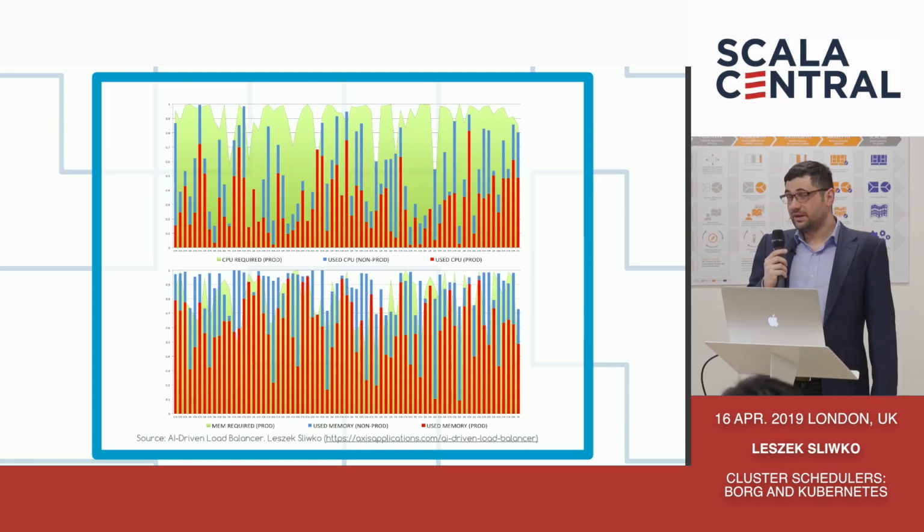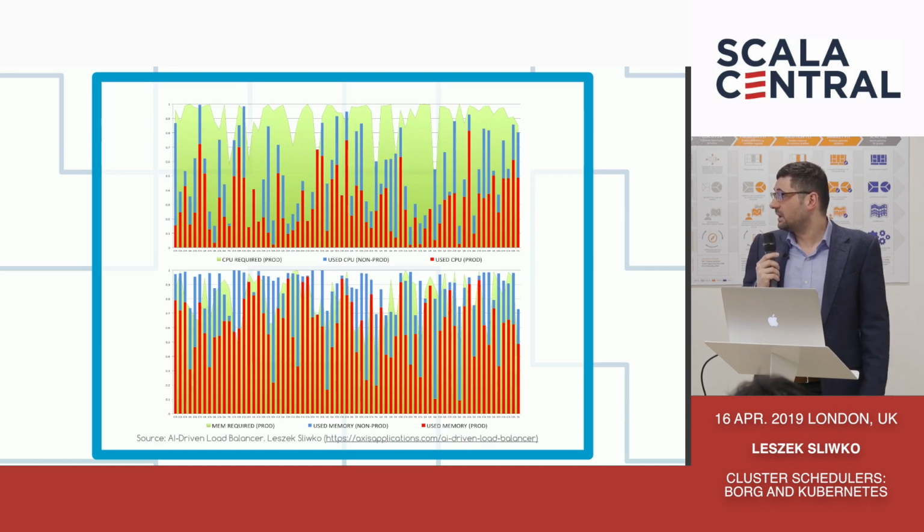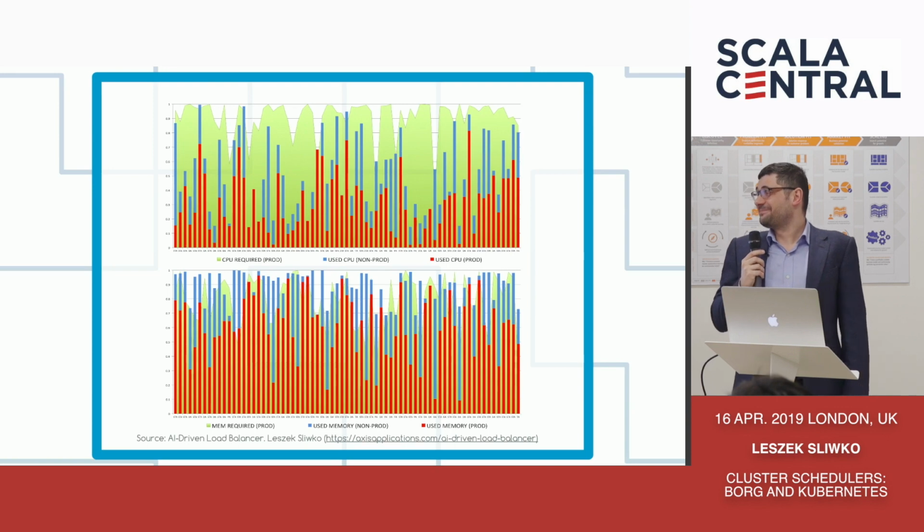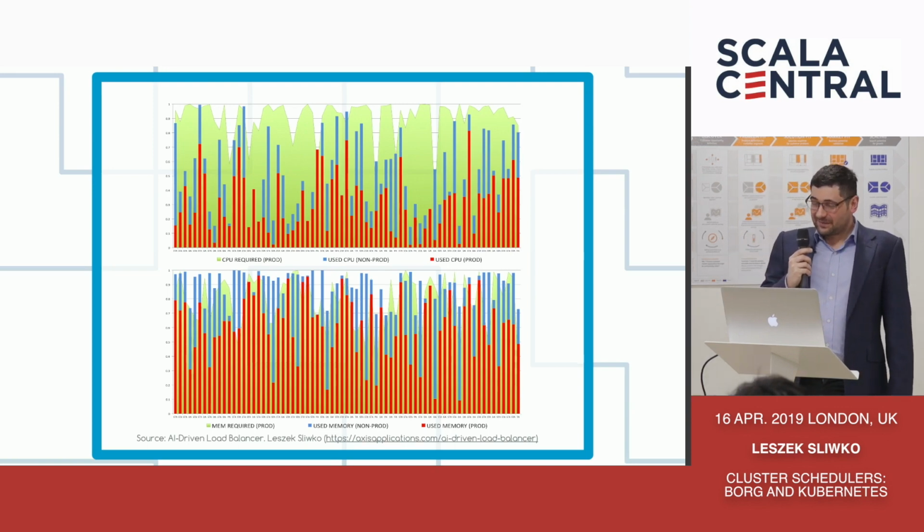However, because they're not running all the time at this maximum, we can still fit those opportunistic jobs there. On average, it does give us allocation of about 60% of total cluster utilization of the CPU cores and about 80% of the memory. To compare that, this is a very substantial result.